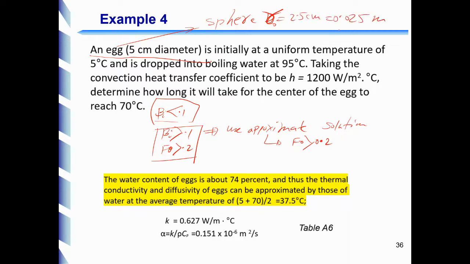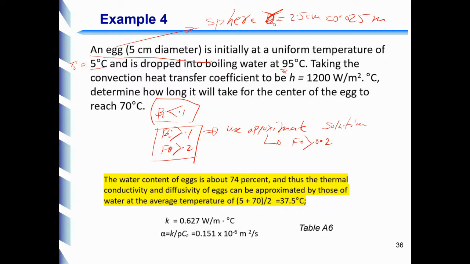It is dropped into boiling water, so boiling water temperature T infinity.